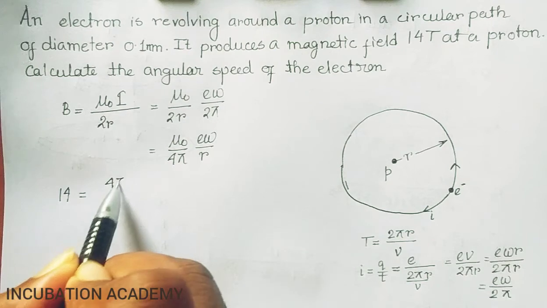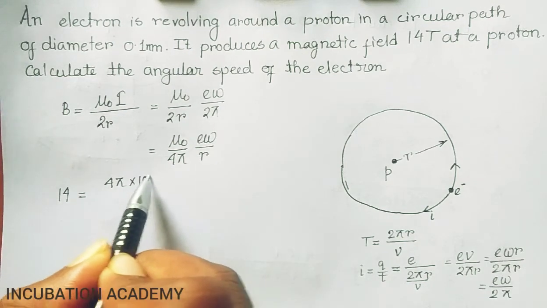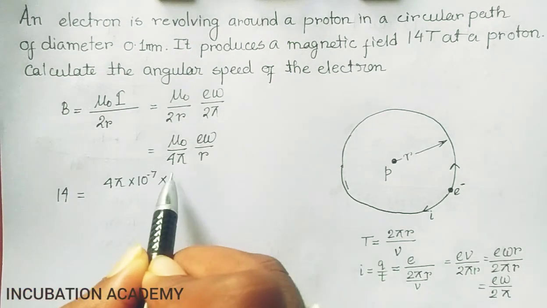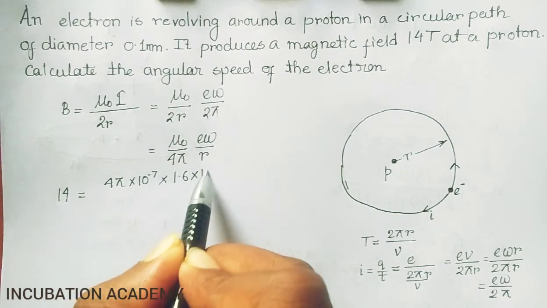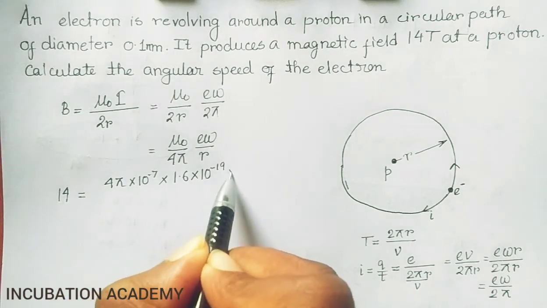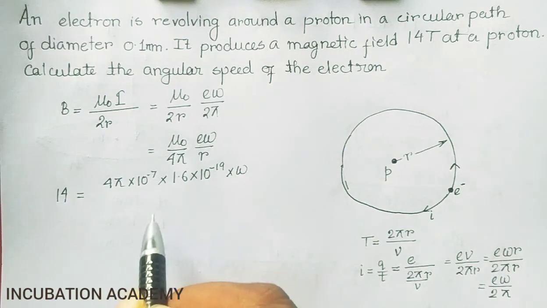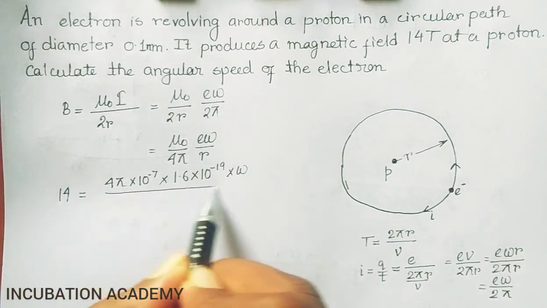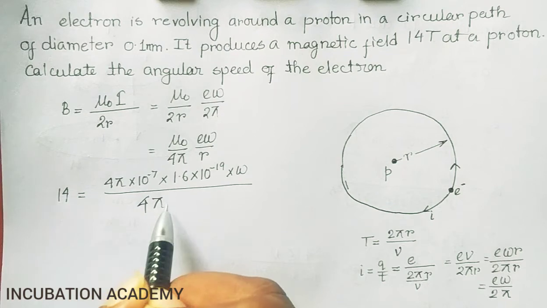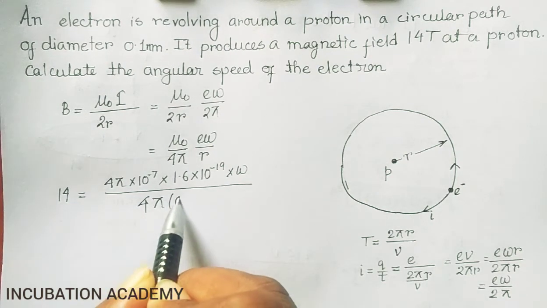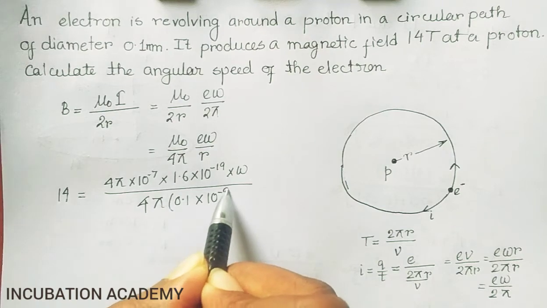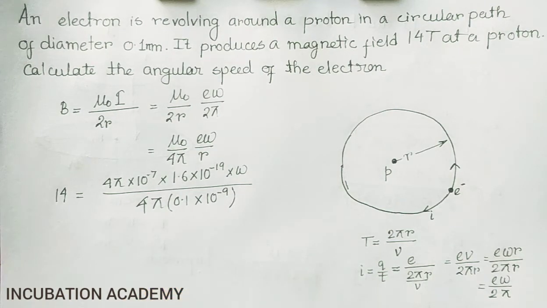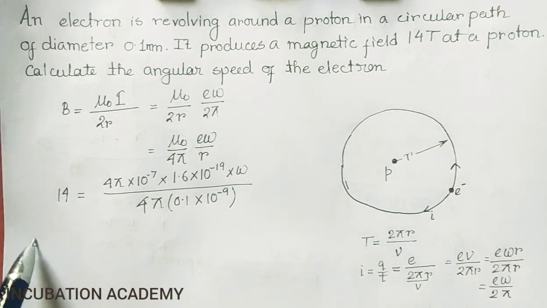Mu naught is 4 pi into 10 to the power minus 7. E, the electronic charge, is 1.6 into 10 to the power minus 19. The omega, the angular speed, we have to find, divided by 4 pi into r. R is 0.1 nanometer, so it is 10 to the power minus 10 meter. From here we have to find omega.